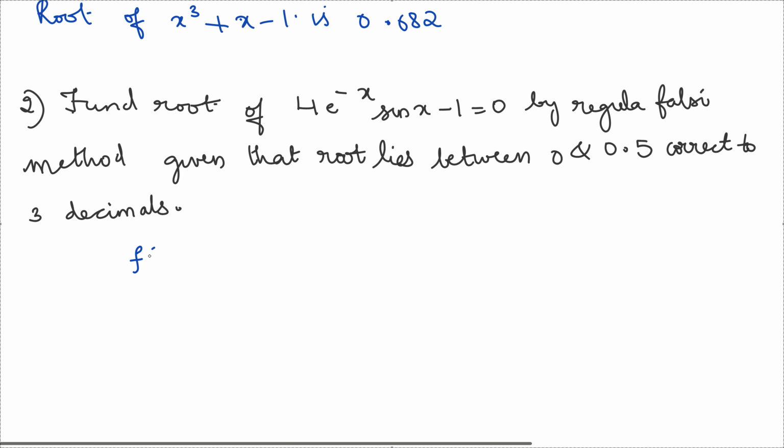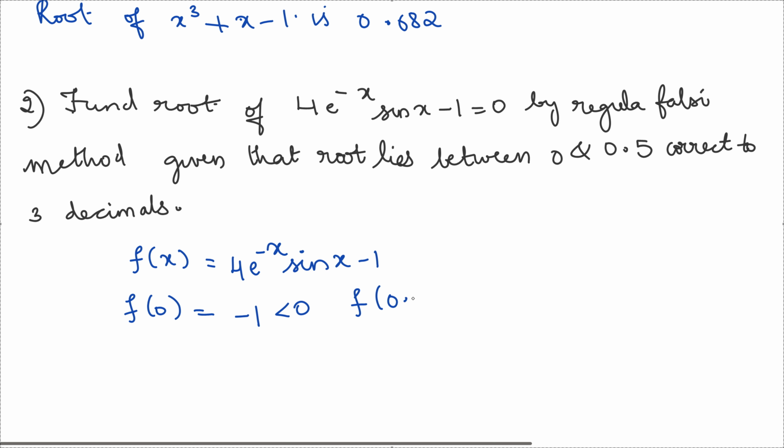Okay, so our f of x is equal to 4 e power minus x sin x minus 1. So what is f of 0? f of 0 is minus 1, substituting 0 in place of x, 4 e power minus 0 sin 0 minus 1 is minus 1. This is less than 0.